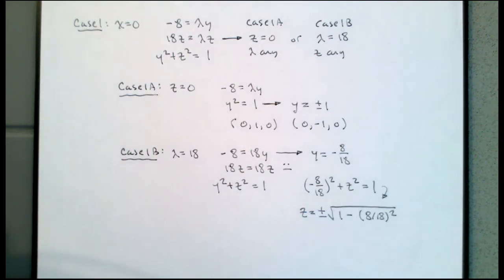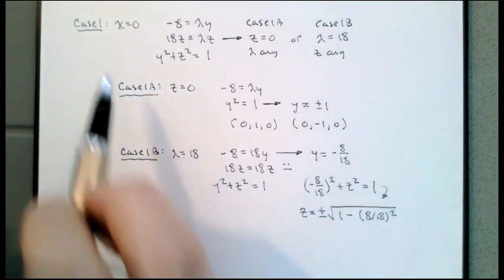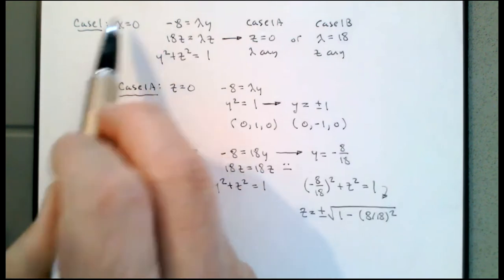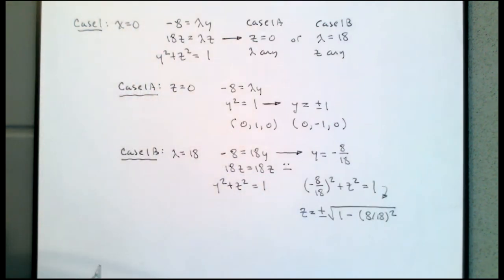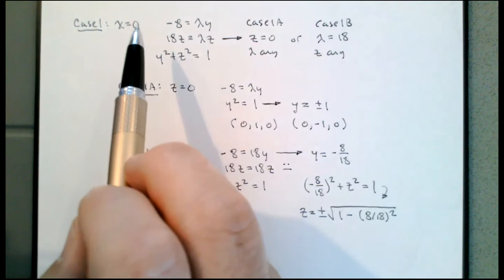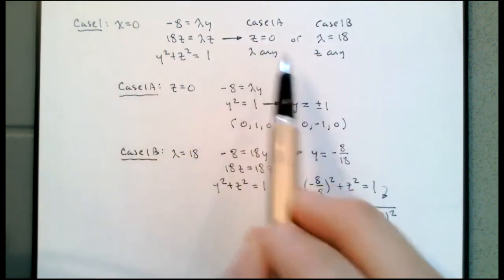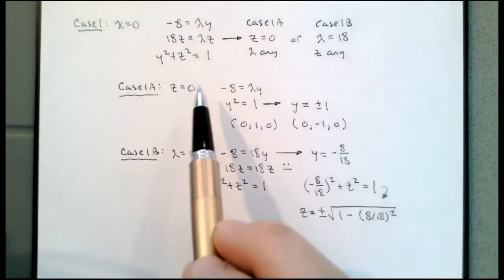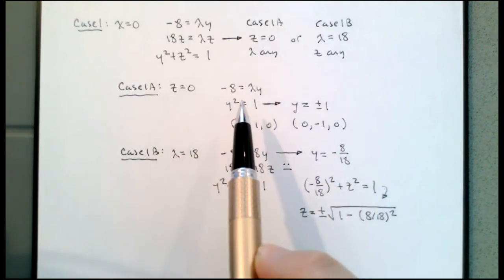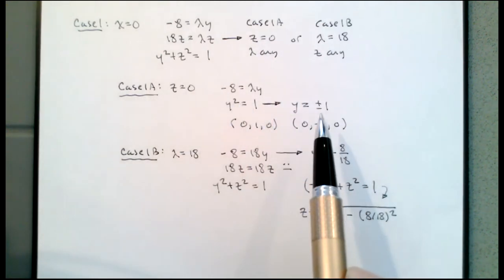We don't have a second case for y. Right now, everything that we've done so far is based on this, where x is equal to 0. When x is equal to 0, that brought us to two cases. Either z is 0 or lambda is 18. So now I have to look at the case where z is equal to 0. That told us that y is plus or minus 1.